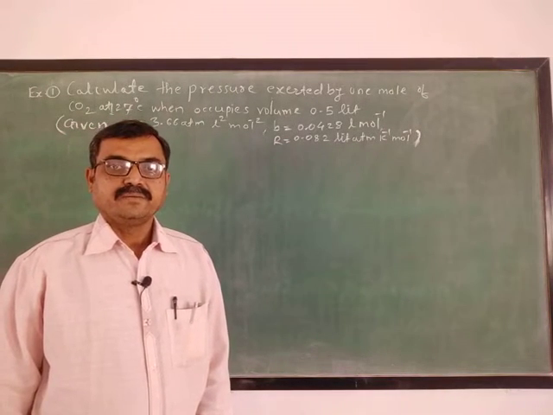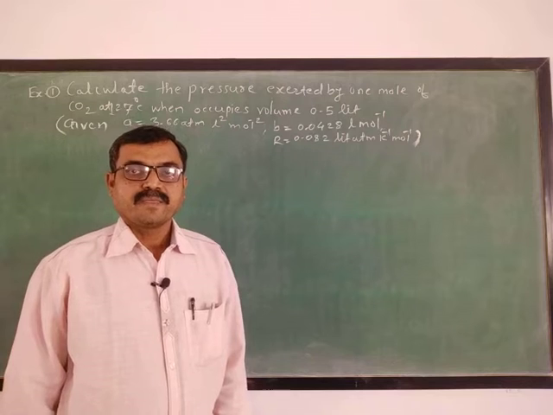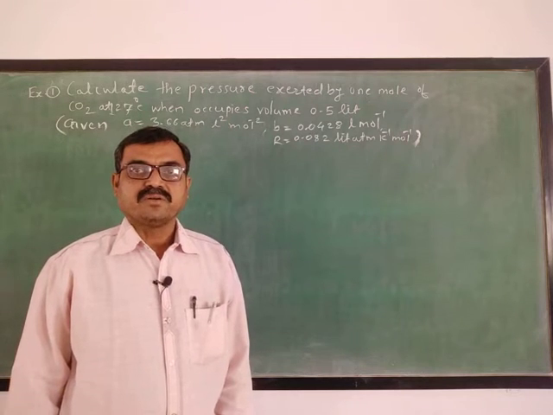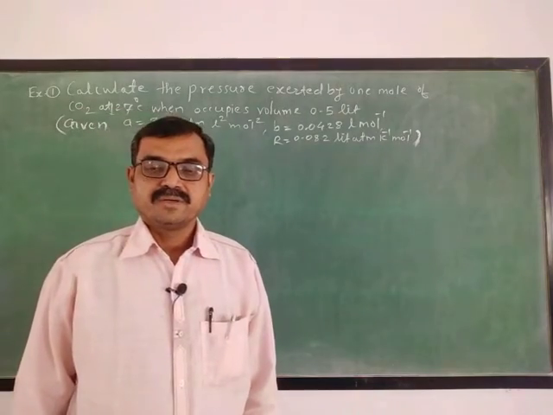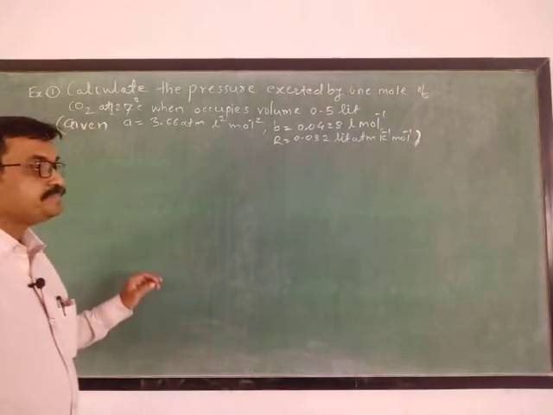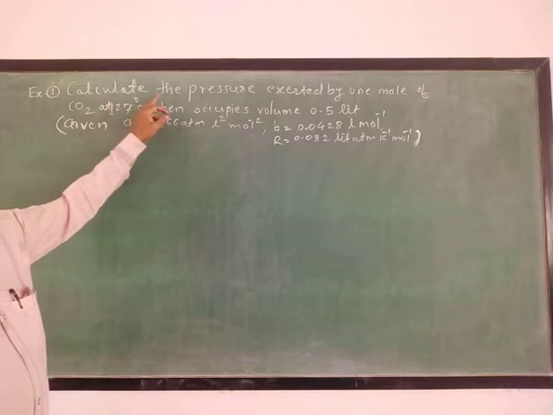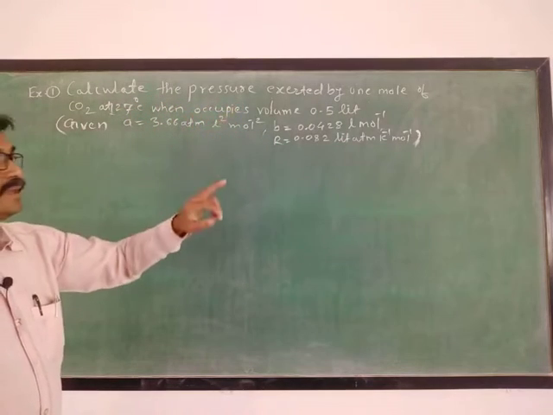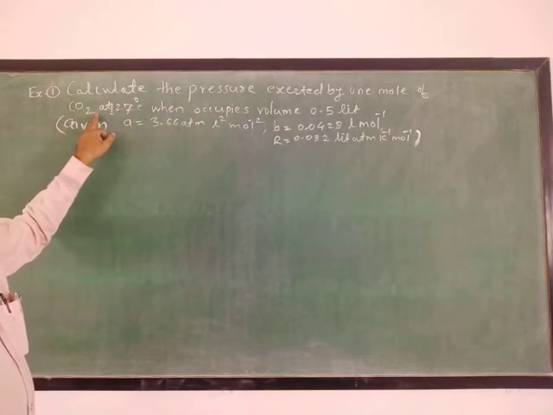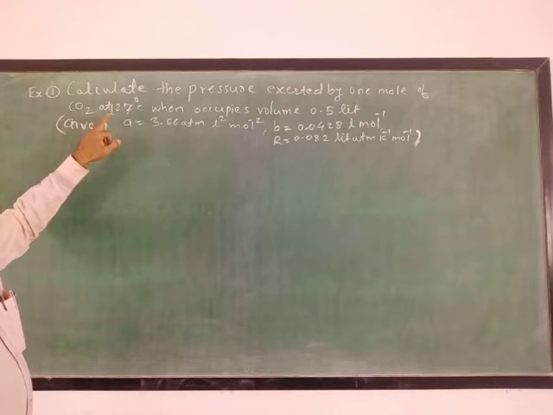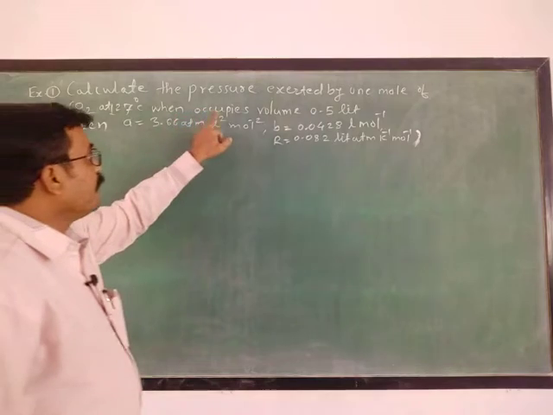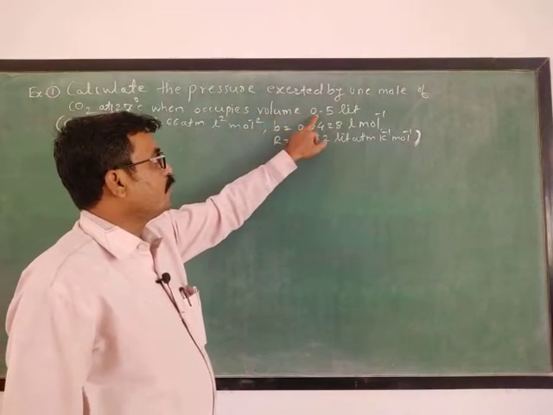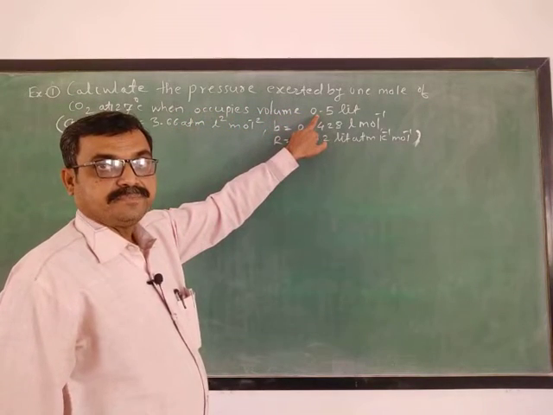Welcome students. Now see numericals based on the van der Waals equation of state. First example: calculate the pressure exerted by 1 mole of carbon dioxide at 127 degrees Celsius when it occupies a volume of 0.5 liter.